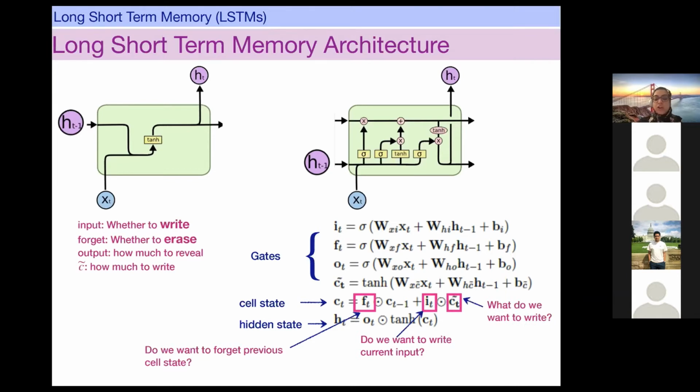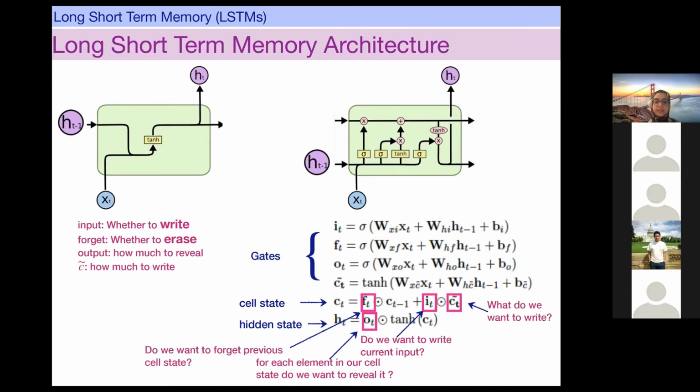Now that we've got this cell state, we can update our hidden state, which is basically we multiply that with the output gate, which tells us exactly, for each element, what we want to reveal to the outside world. If we think about the LSTM cell as its own world, it just has an input and output, and we can't see anything inside of it.